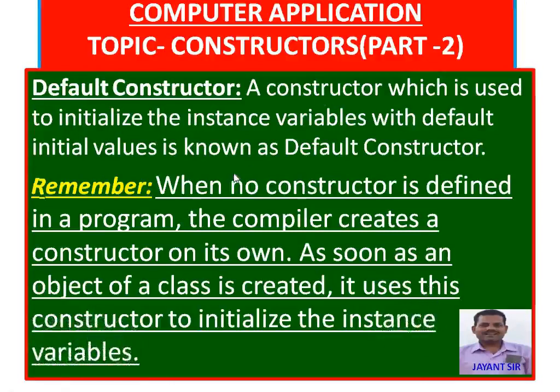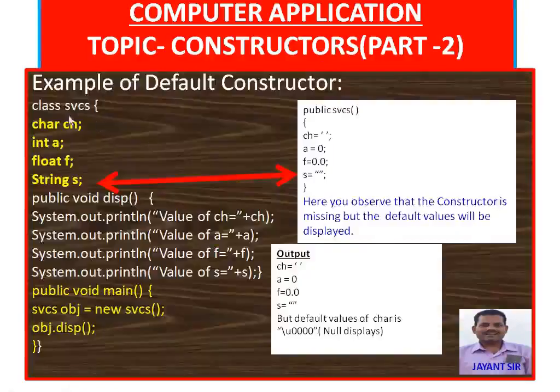Through the example you can understand this in a better way. Look here: examples of default constructor. Class SBCS, and ch, a, f, s are the instance variables. Then there is a public void display function. There is no constructor here. I told you that if there is no constructor, the Java compiler creates its own.